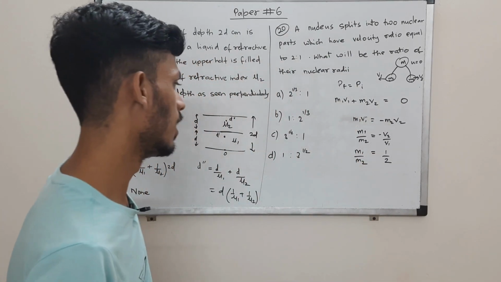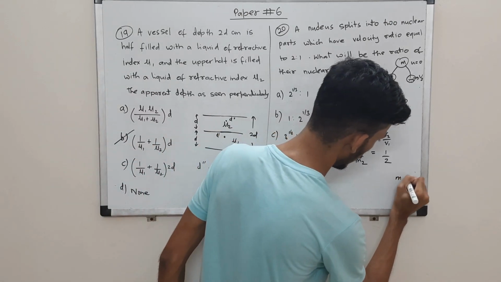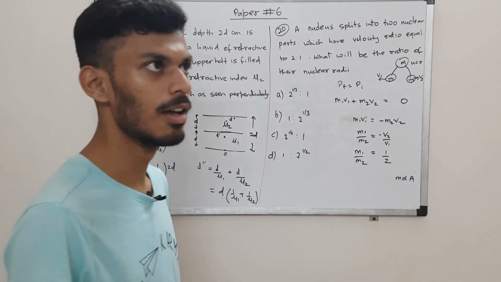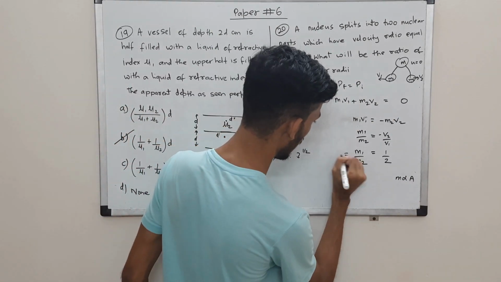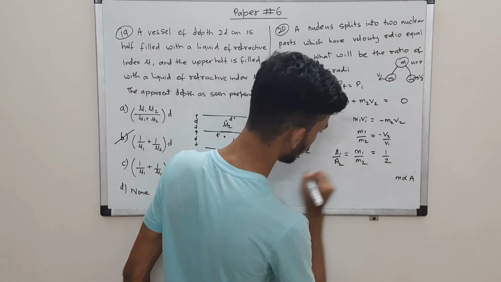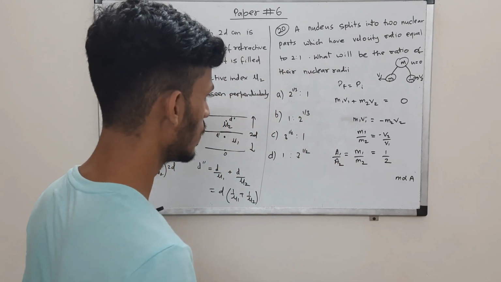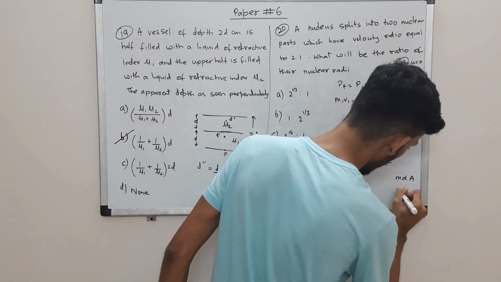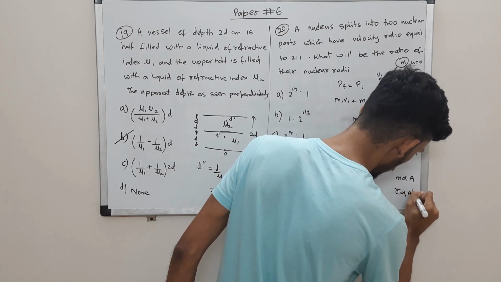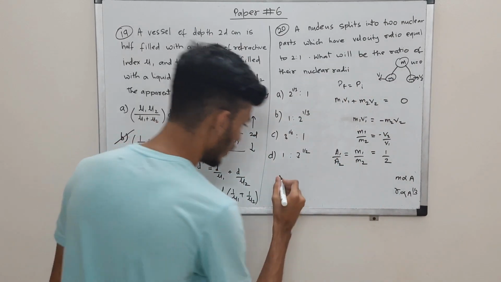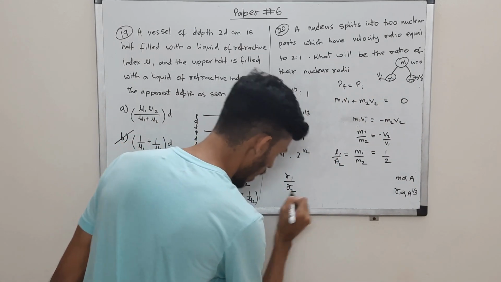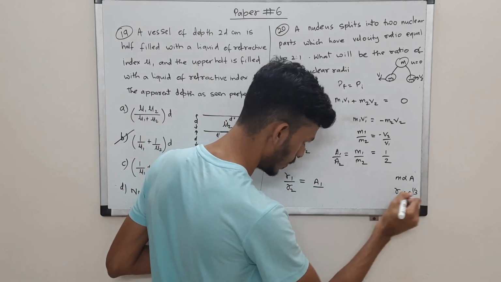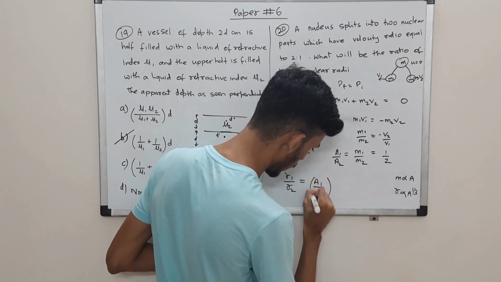Now the mass will be directly proportional to your atomic mass number, right? The more the mass, the more the mass number. So I can directly write it as a1 by a2. And if you know a1 by a2, your radius is directly proportional to a to the power 1/3. So r1 by r2 will be equal to a1 by a2 to the power 1/3.